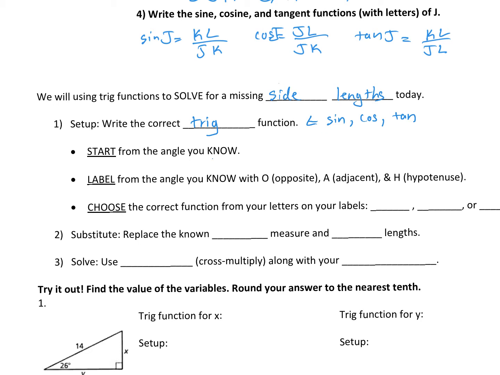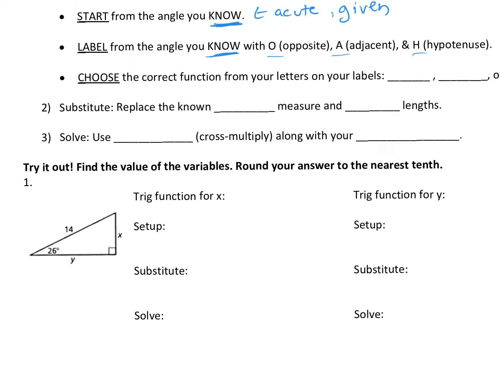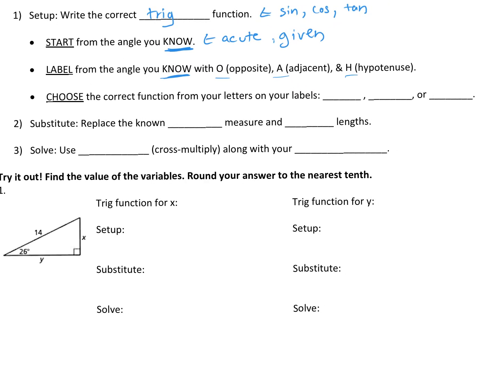We start with the angle you know, and this is always an acute angle. It's the thing that's given. Then we label the sides with O as opposite, A as adjacent, and H as hypotenuse. And then you choose the correct function from your letters of SOH CAH TOA.